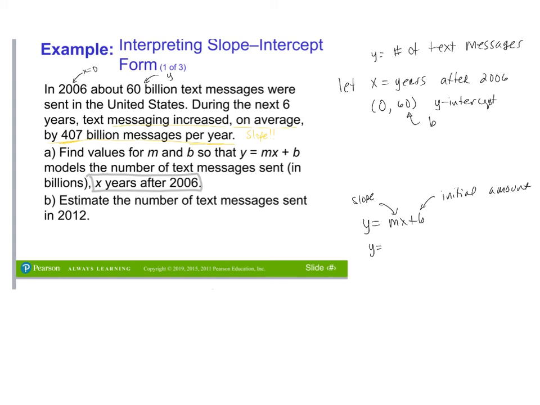And so this was my y-intercept, and the slope. Okay, so I have my y-intercept and my slope is 407 times the number of years, and then plus that initial value, which would be 60 billion.